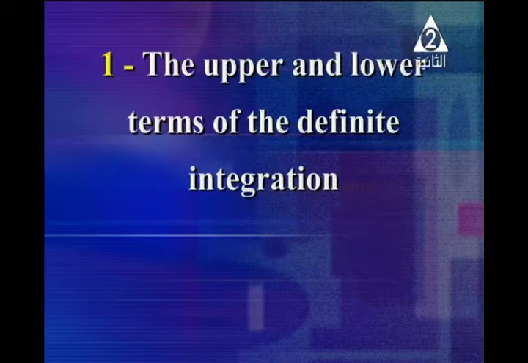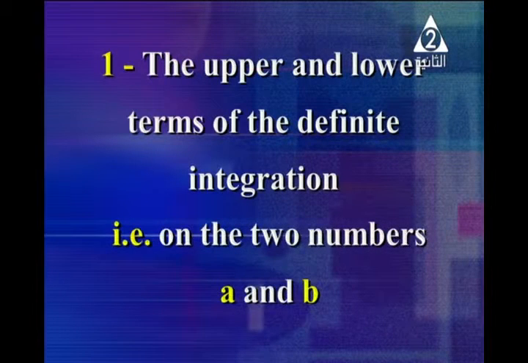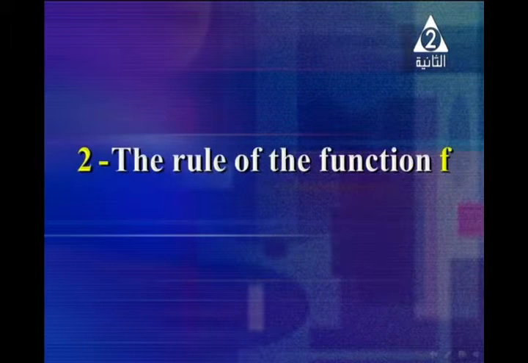What are the upper and lower limits? They are a and b of the definite integration, the two numbers a and b, and the rule of the function f. Dear student, remember, the definite integration depends on a and b, the upper and lower limits, and the rule of the function f.